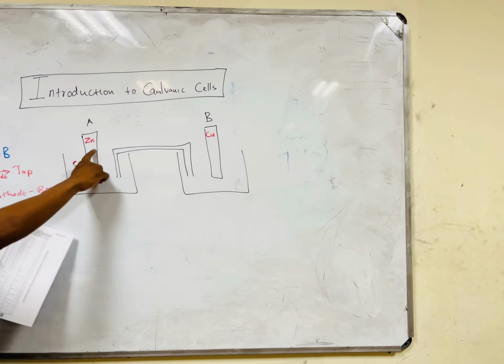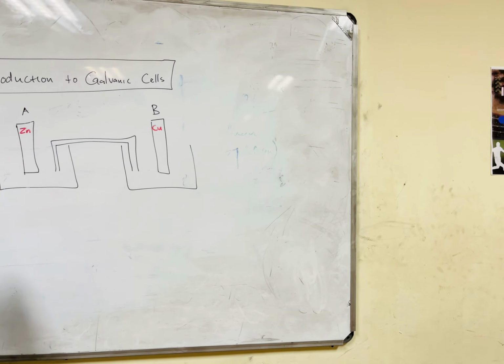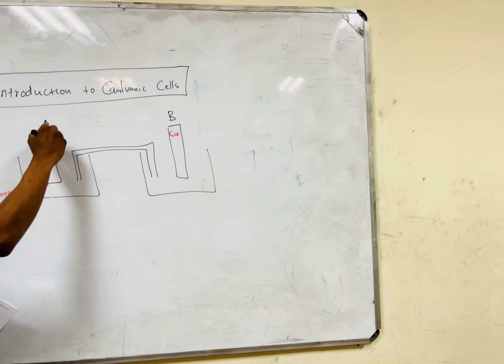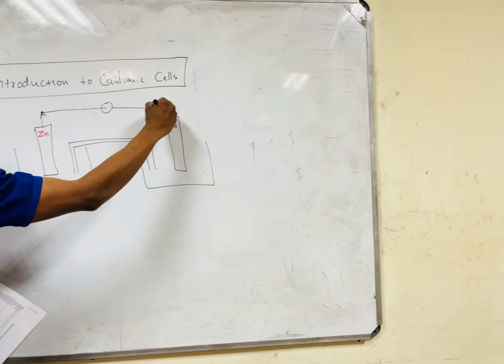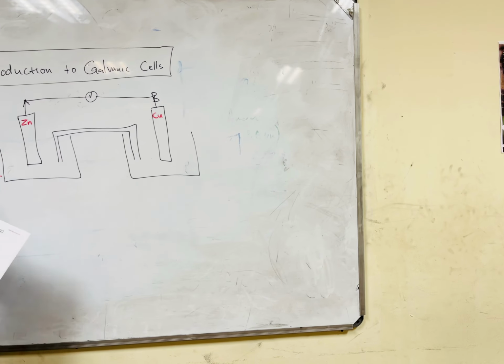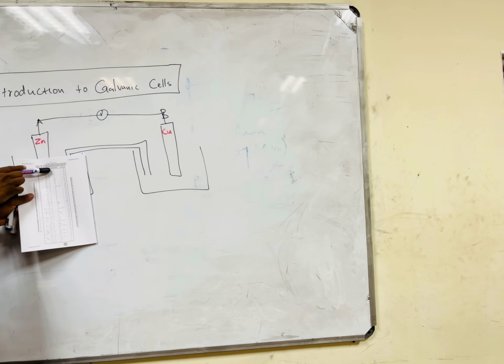Now we go with the examples that we have. We want to identify the anode and the cathode between these two electrodes that are given. You go to table 4b and check from the top.